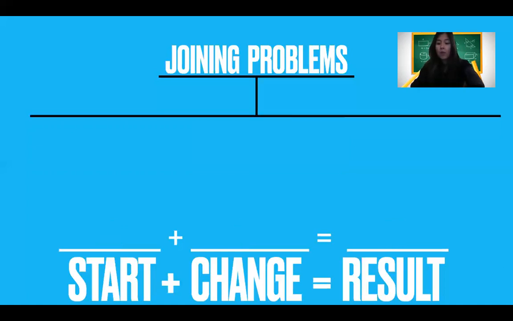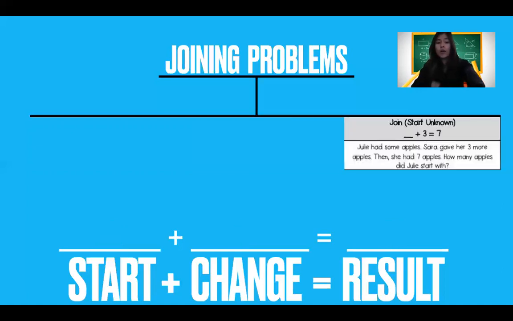And the third problem is the start unknown problem. And this is when, for example, I said Julie had some apples, right? Sada had some strawberries. It doesn't give you a quantity in the start, so it's unknown, but it does give you the change and it does give you the result. So our job then in these word problems is to find the unknown, which in this case is the start.